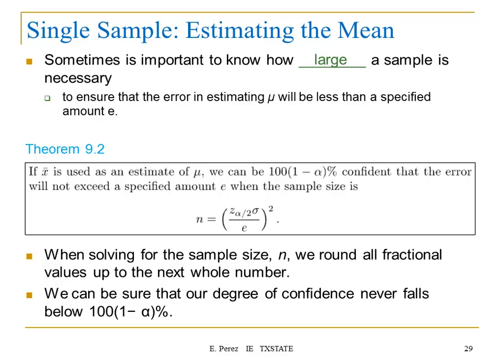Okay, so we can estimate the sample size in order to be this percent confident that the true value of the population mean will be within the confidence interval. When solving for the sample size n, we round all fractional values up to the next whole number. So we're going to always round up. We can be sure that our degree of confidence never falls below this percentage.